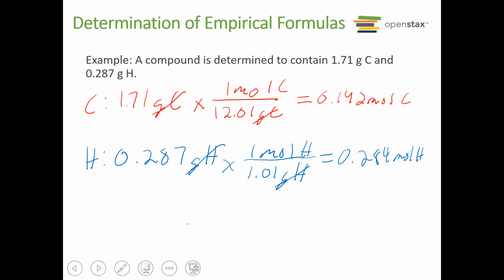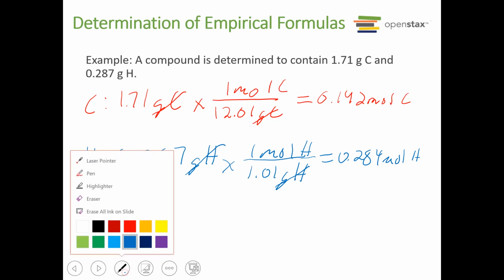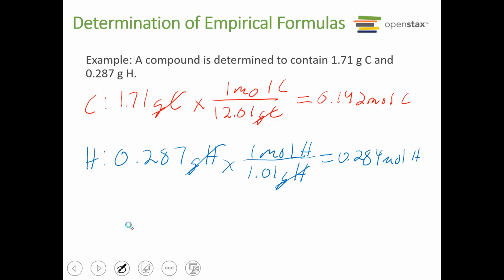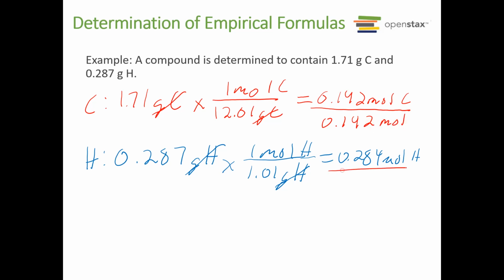So then what we do is we find the smallest number of moles. Between carbon and hydrogen, carbon only has 0.142 moles, and for hydrogen we got 0.284 moles. So the number of moles of carbon is smaller, so we're going to divide both of these by the number of moles of carbon.